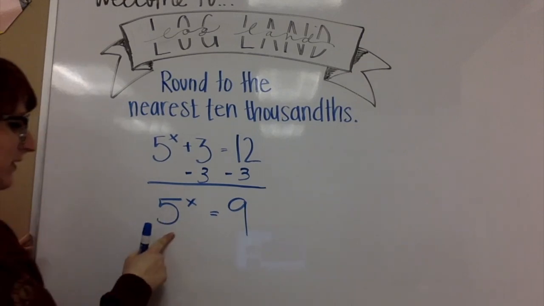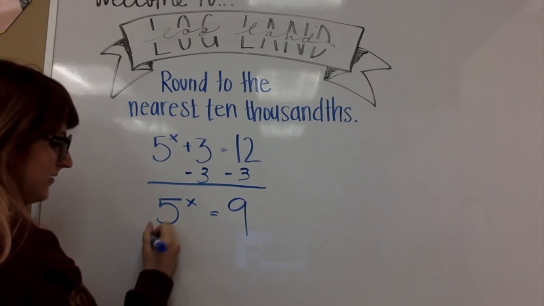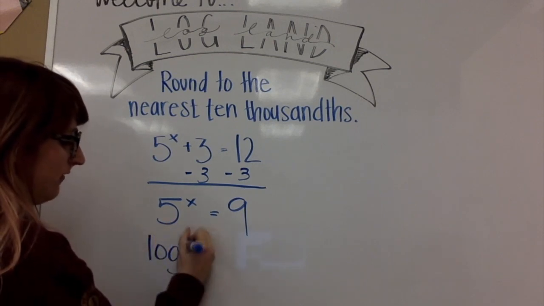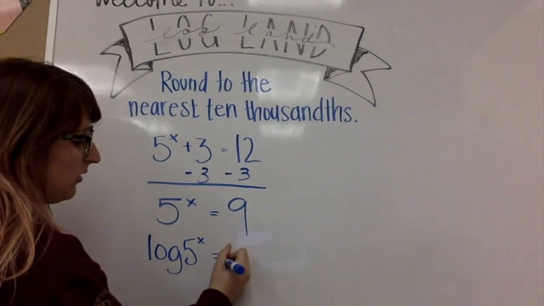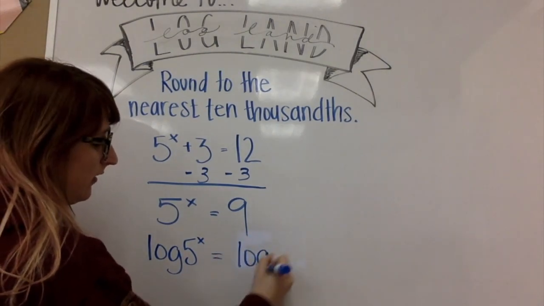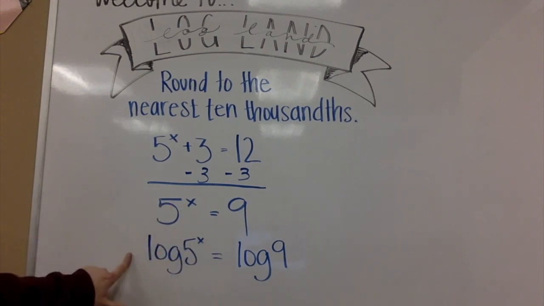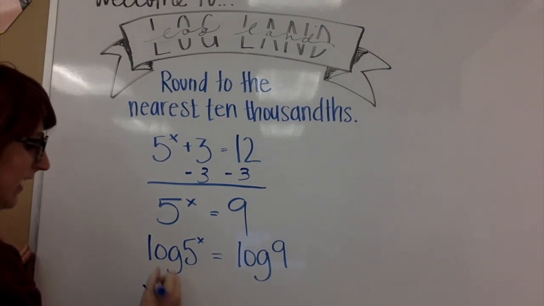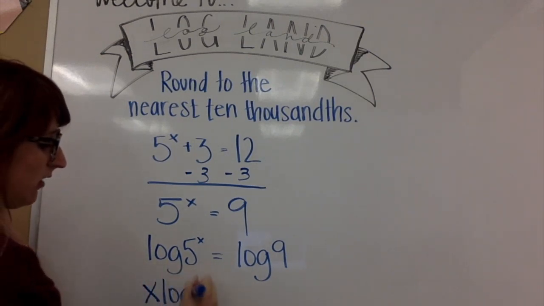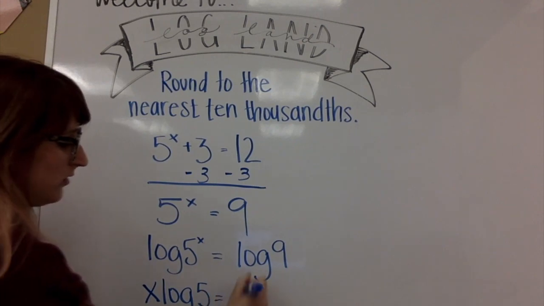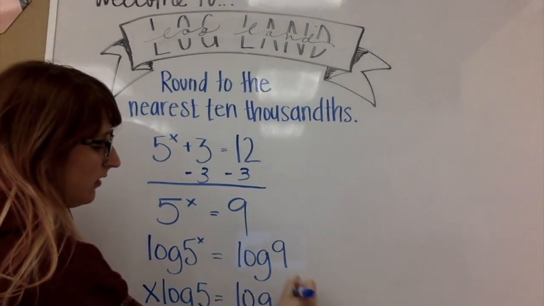So I'm going to rewrite this equation as log 5 to the x equals log 9. And then in order to isolate x, I'm going to move this x to the other side by that power property. So I'm going to have x log 5 equals log 9.